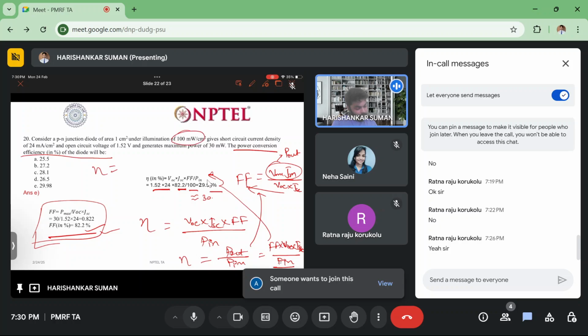We know the P input and P output. Output is 30, P input is 100. If we want it in percentage, this will be 30%. Direct. Clear? So this is another way.